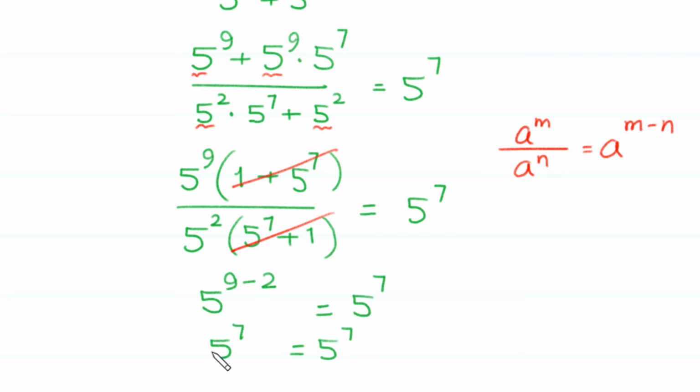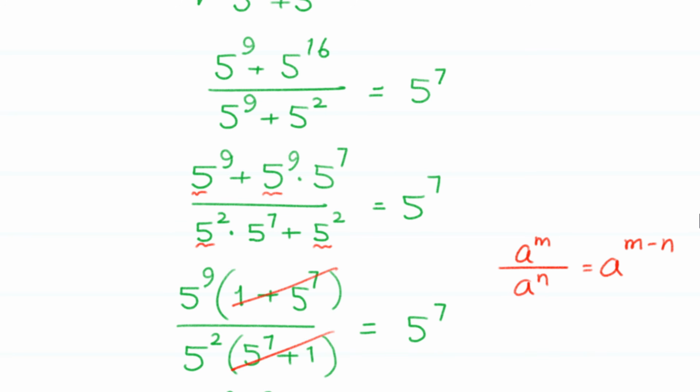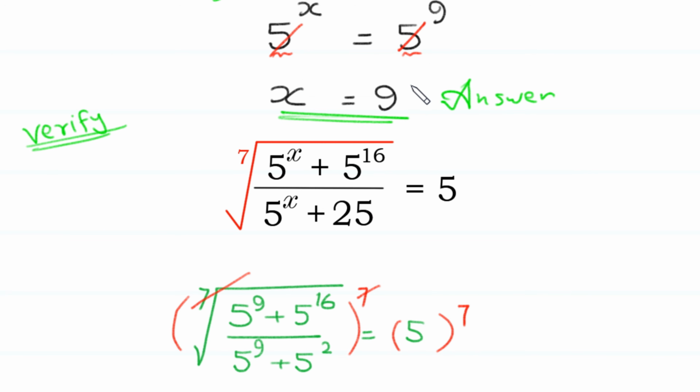You can see that the left-hand side is equal to the right-hand side, so it is proved that the value x = 9 is correct.